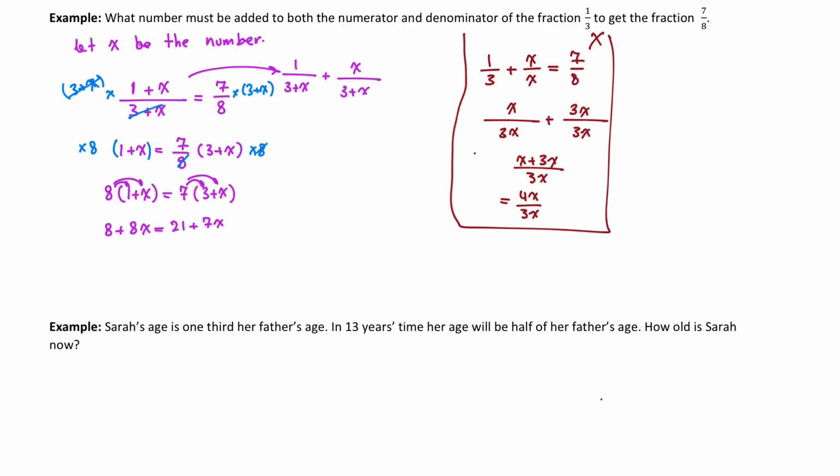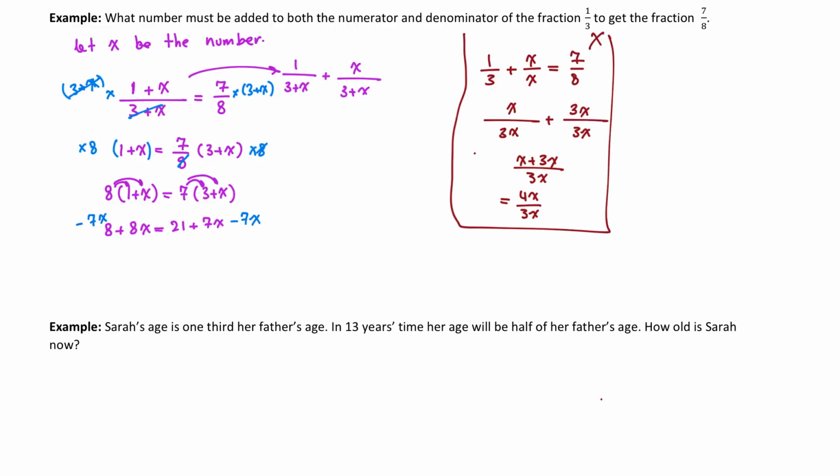I will then want to bring all my unknowns to one side, so the terms that have the x, I want to bring to the left side, and bring everything that is a constant value to the right side. I will write both steps in one line. I want to get rid of 7x on this side, so I will subtract 7x from both sides.